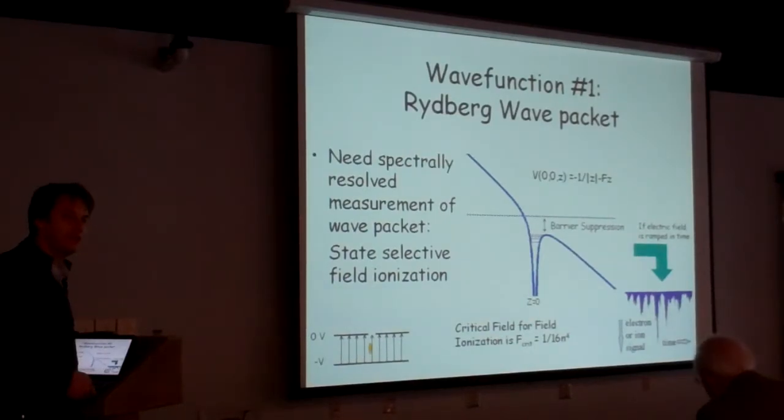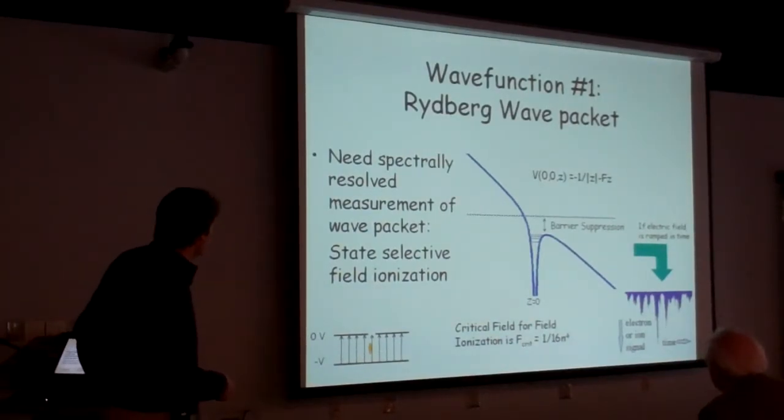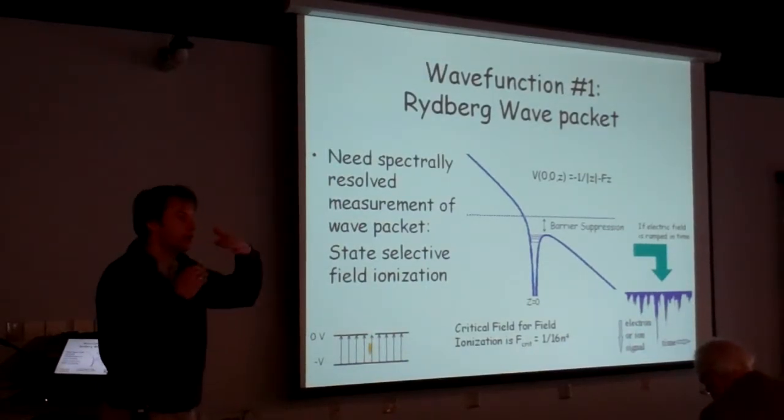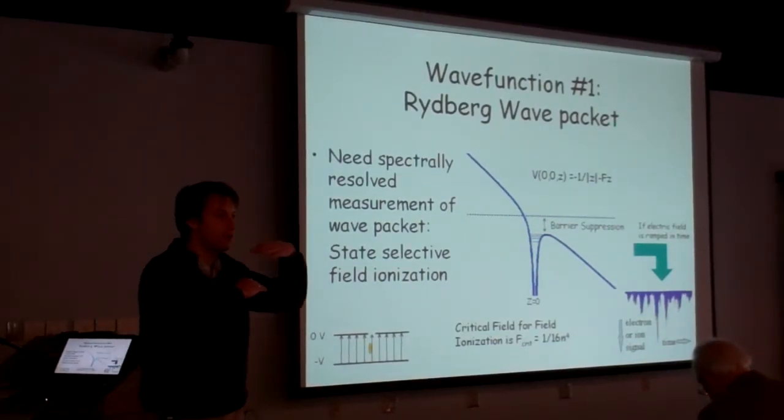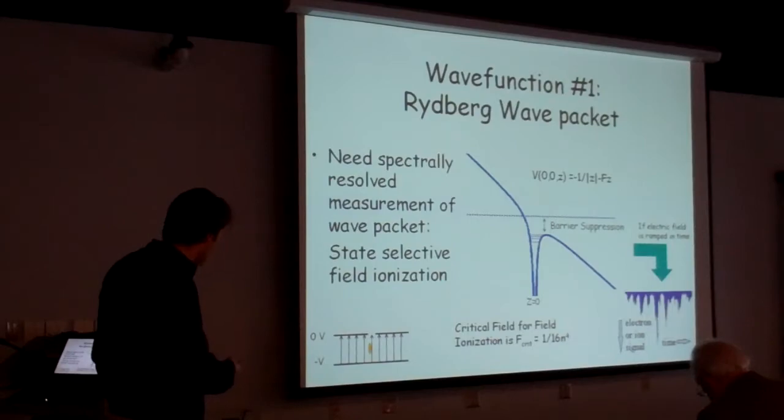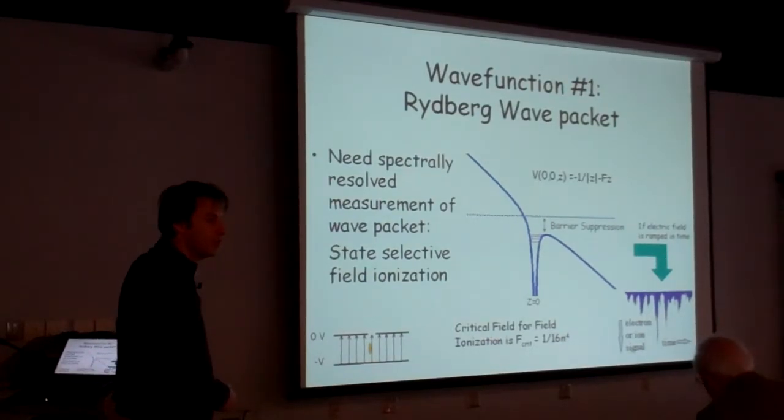What that means is that if I just take my atoms, which are, let's say, like this, and put them in between two parallel plates which form a capacitor, then I can just put on a modest field of a few hundred volts per centimeter and tilt the potential like this.